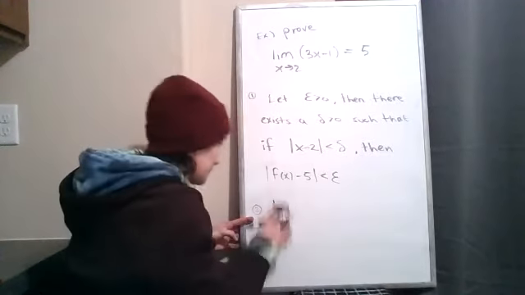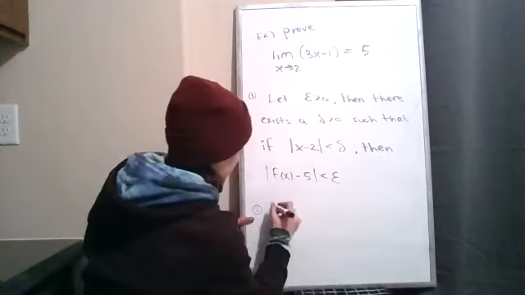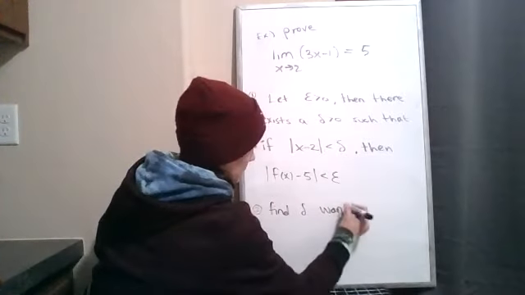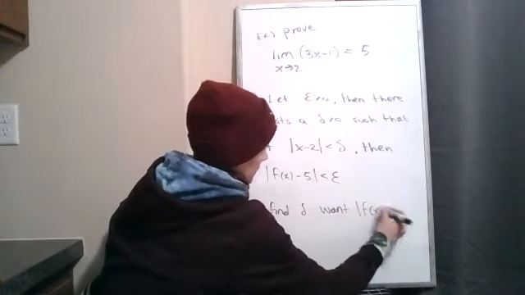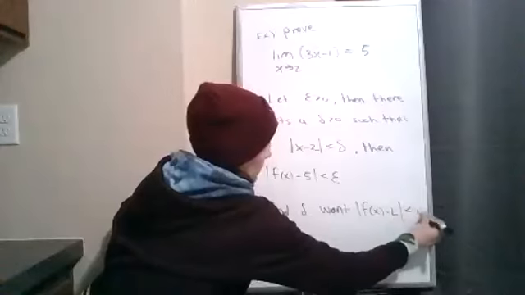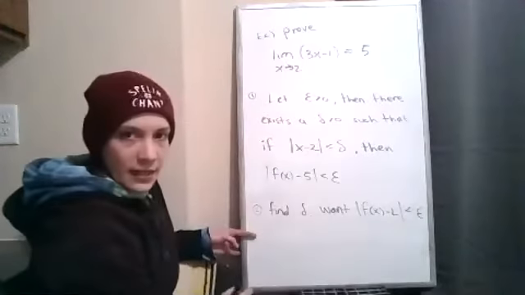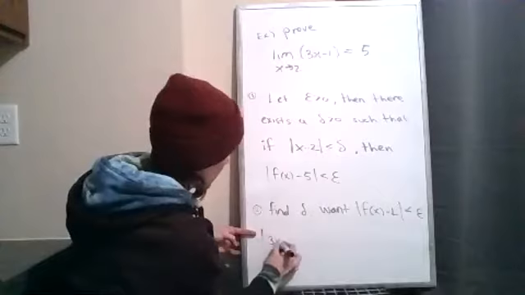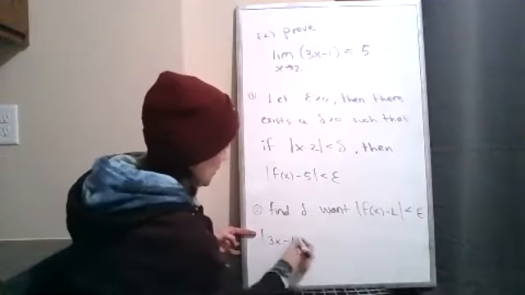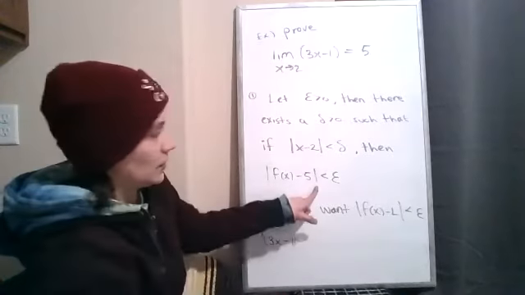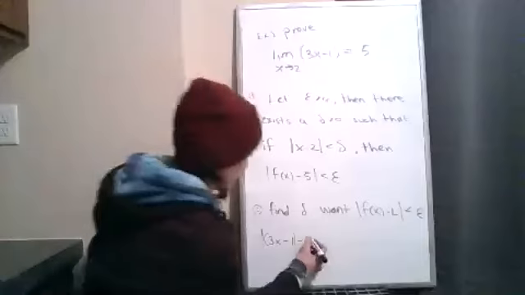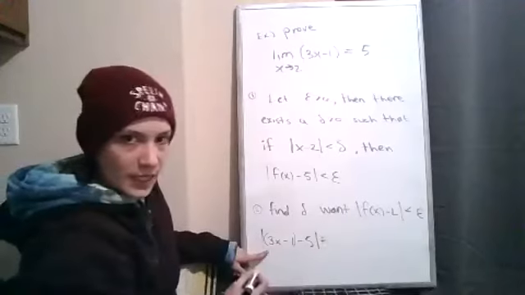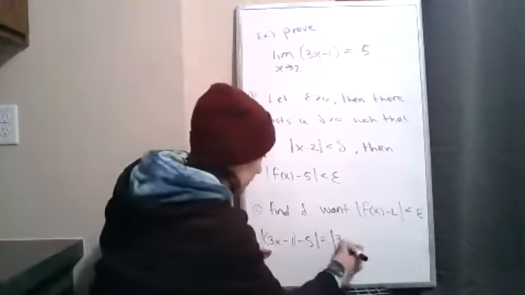Let's see, look at this. Epsilon. In our case, f of x would be 3x minus 1 minus 5. We got to 3x minus 6, absolute value.